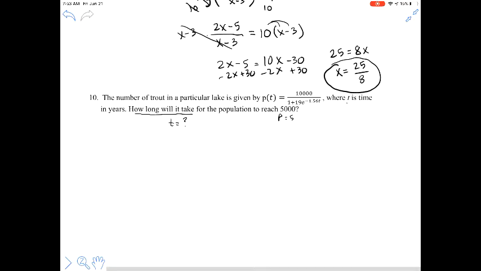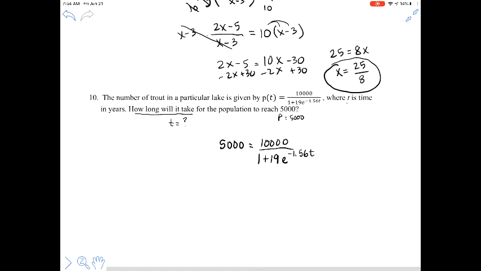So the population is going to be, how long will it take for the population to be 5,000? So this value needs to go in place of P of T right there. So 5,000 equals 10,000. And that's the equation we need to solve.